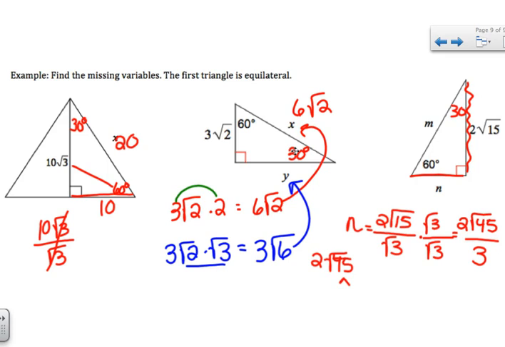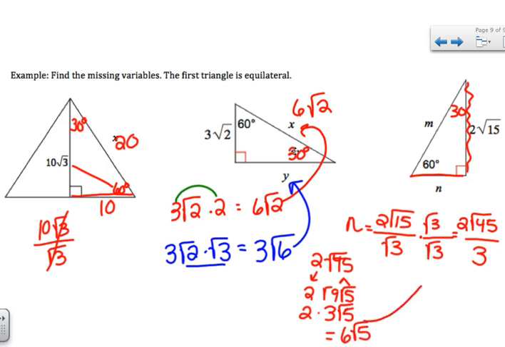What goes into 45? 9 times 5. With a 2 out front. So square root of 9 is a 3. So this problem is now 3 times 2 square root of 5, which is 6 root 5.